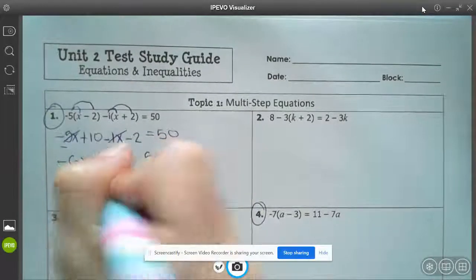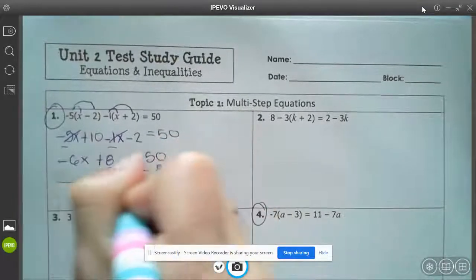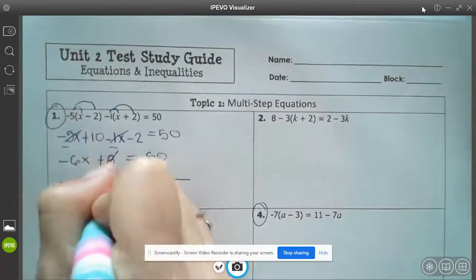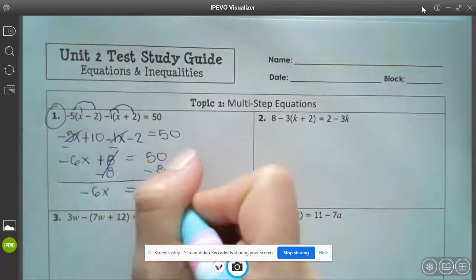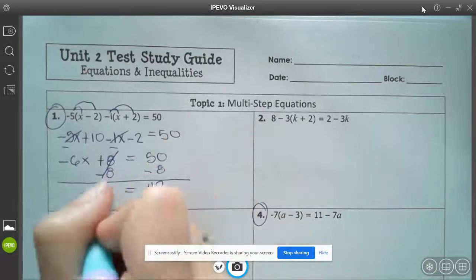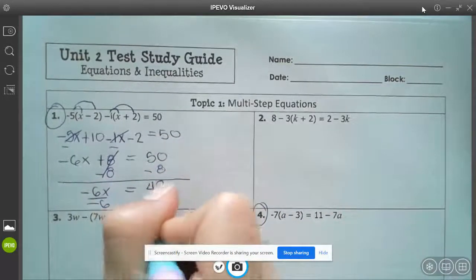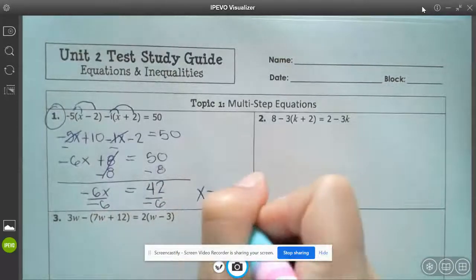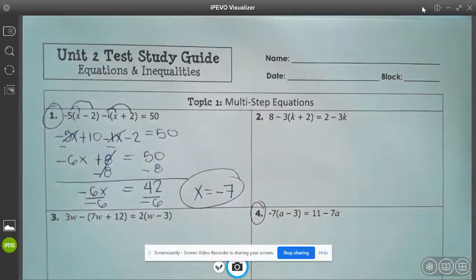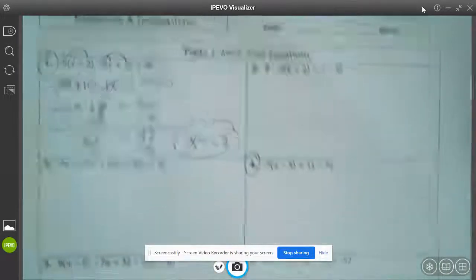So -8, -8, using opposite operations to combine like terms. So we have -6x on this side, 50 minus 8, that's 42. And then we just divide by -6. -6, so your answer is -7, not positive. Okay? All right, let's keep going.